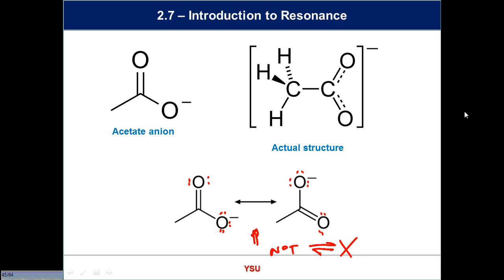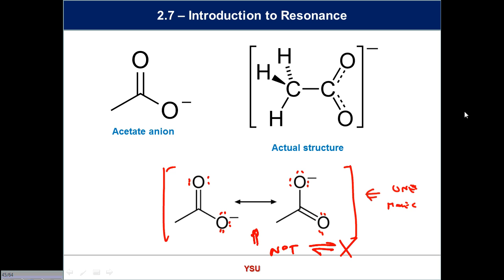So we have to worry now about the physical, what's going on. If it's not equilibrium, it's got to be something different. It's spreading out. We're not jumping between the 2 pictures. We're spread out. So what I'm going to say is that these 2 pictures are not different molecules. They are not different structures. They are a representation of where the electrons are in the one molecule. So that setup right there, that whole idea now, that is one molecule.